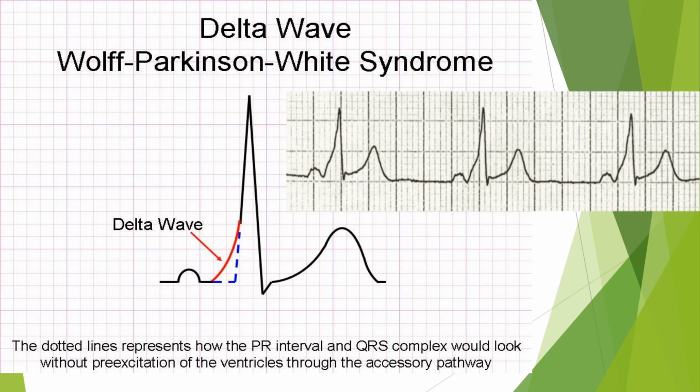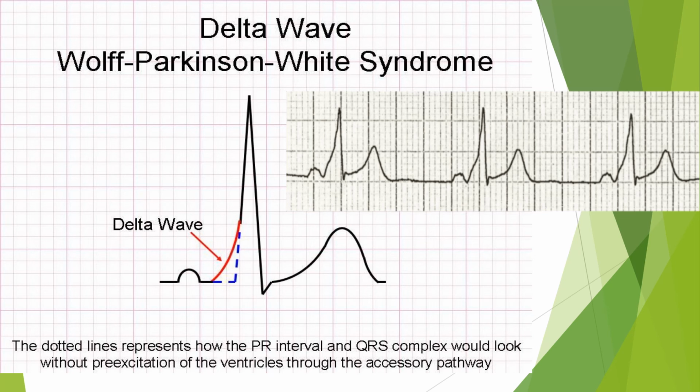In this illustration, the dotted lines represent how the PR interval and the QRS would look without pre-excitation of the ventricle through the accessory pathway, and the red line here represents the delta wave.